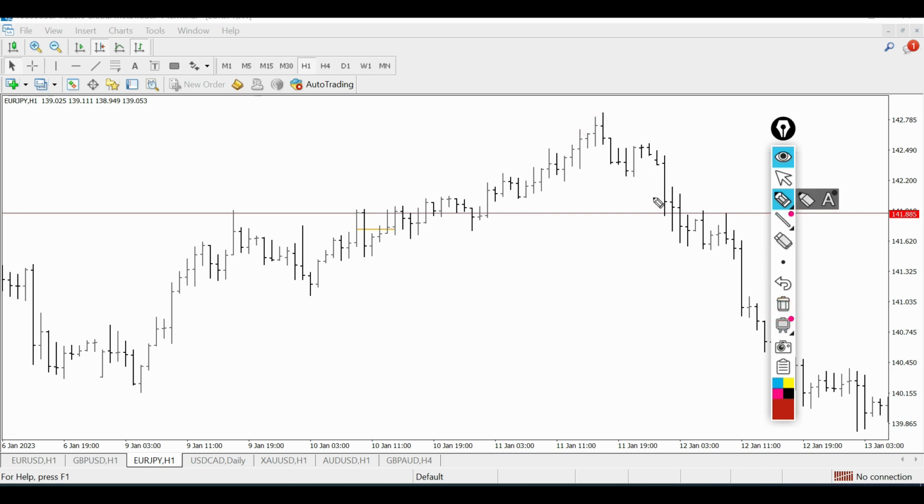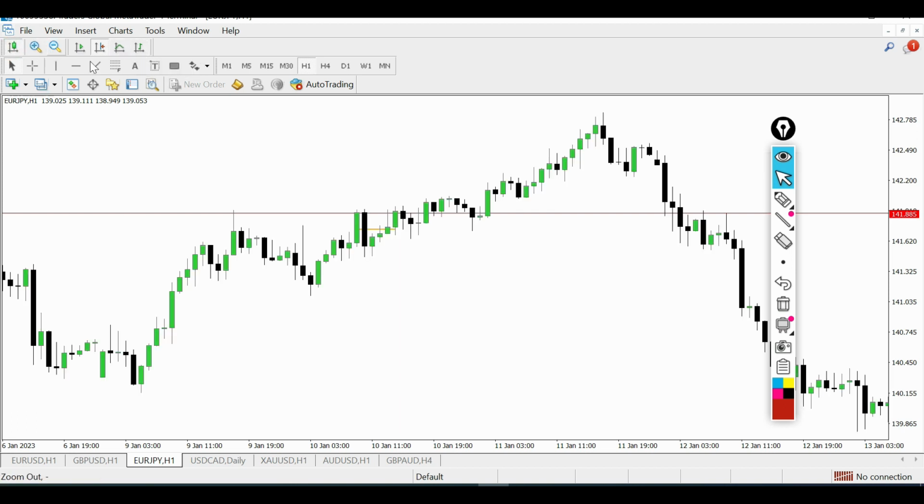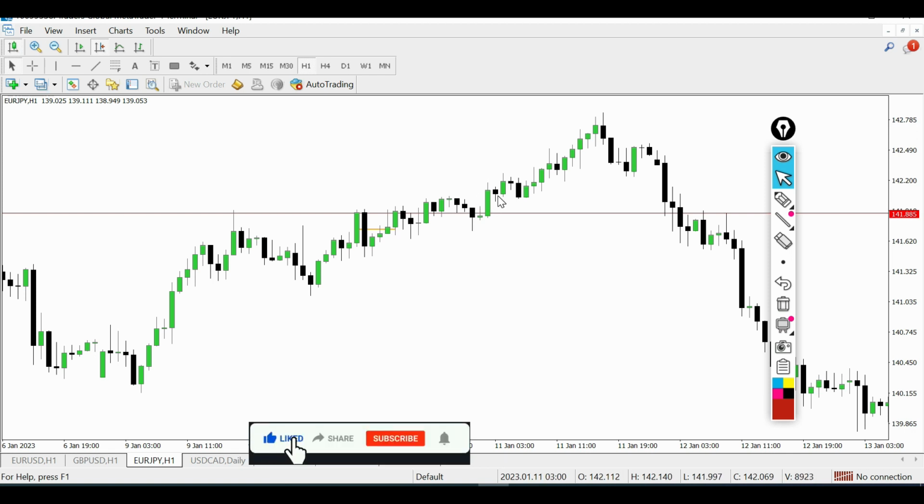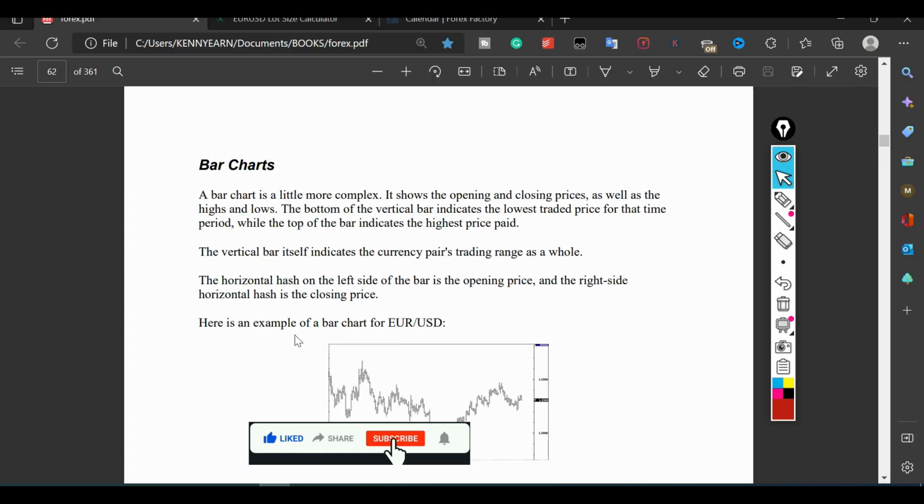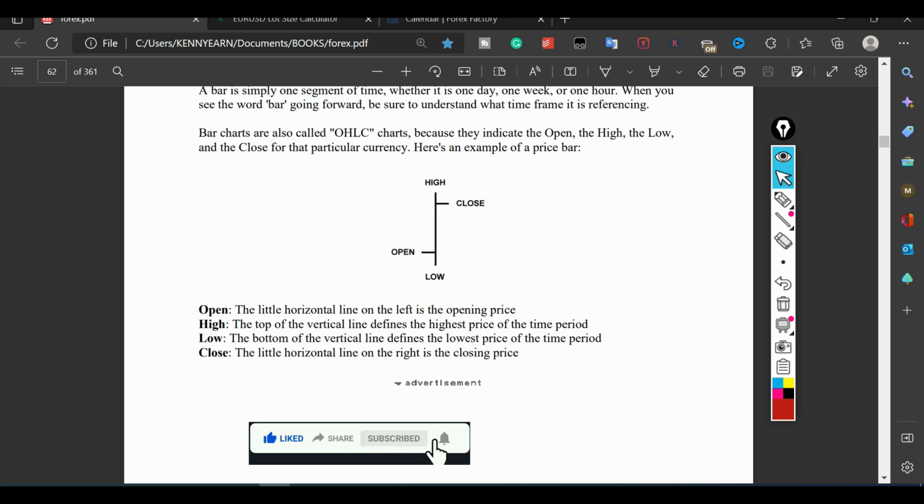And then if I click on the last one here, it's candlesticks. If I click on candlestick, then you see the market goes back to candlestick chart. And that is the third kind of chart we have.